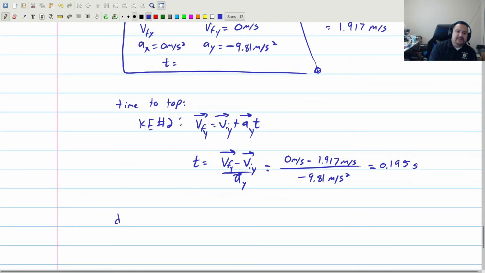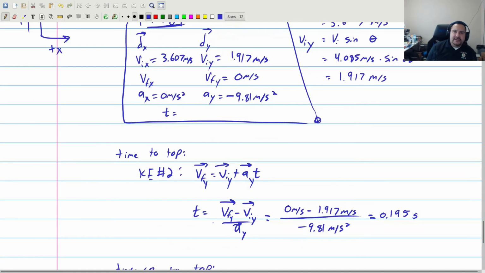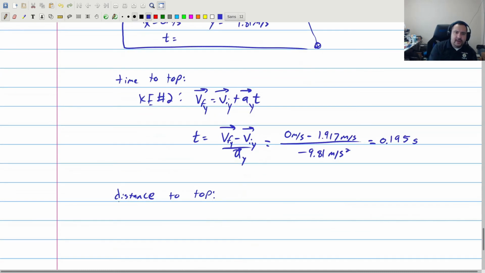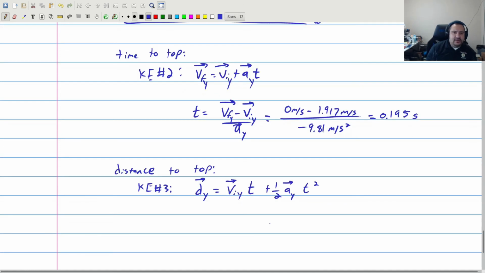Let's find the distance to the top. In order to do this, I can use kinematic equation number 3, which is probably the easiest one. It says dy equals v initial y times t plus 1/2 ay t squared. Vector, vector, vector. And this one, we just have to plug in straight.